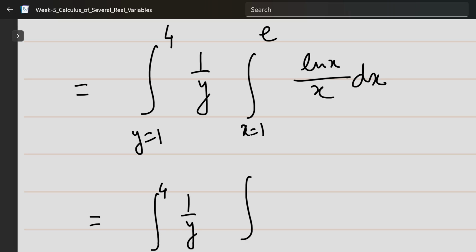So z is from 0 to 1, since x is from 1 to e. So it is 1 to 4, 1 by y, and z is half z square, z square from 0 to 1. Okay, I have to write dy.